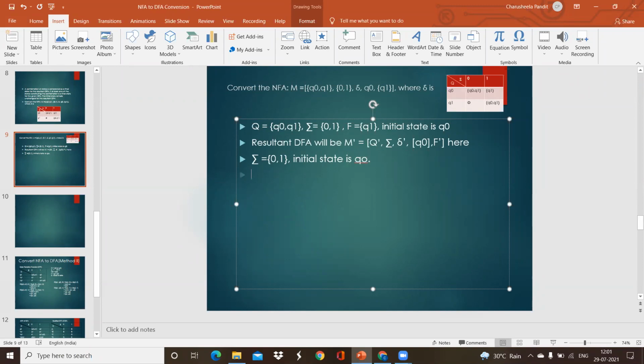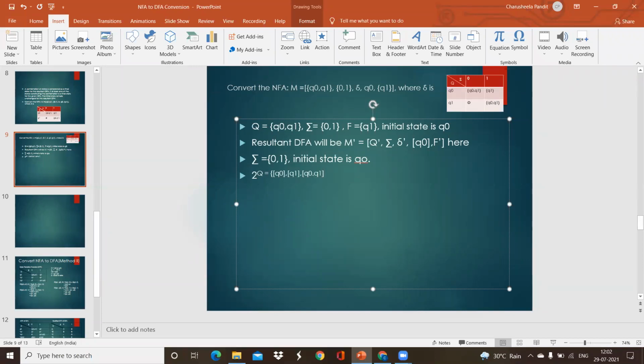Okay, then the power set, that is 2 raised to Q, you can denote it as phi, Q0, Q1, and Q0 Q1.